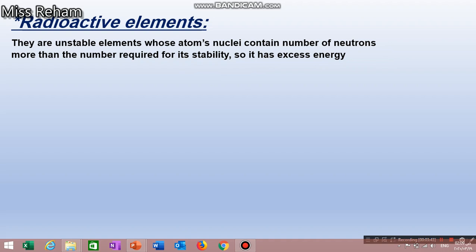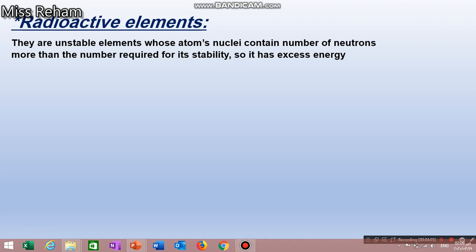Okay. When the atom contains a number of neutrons more than the number required for its stability, the atom will be a radioactive element. Why? Give reason.